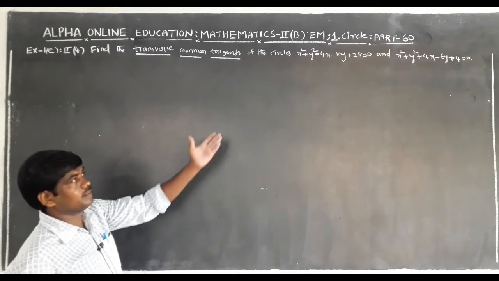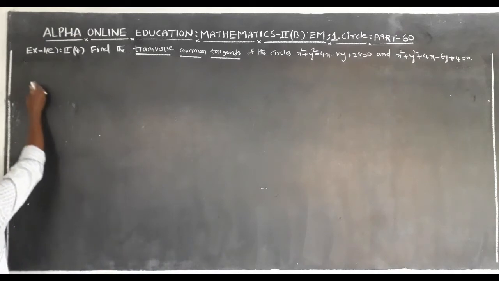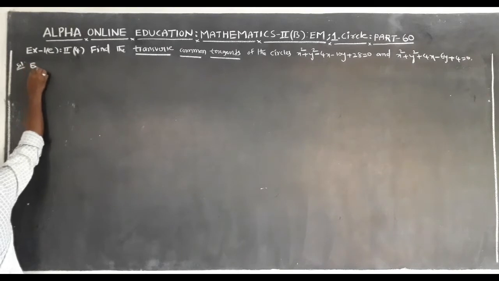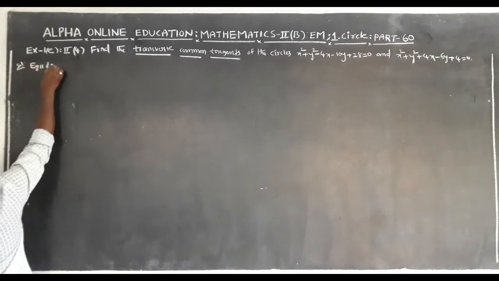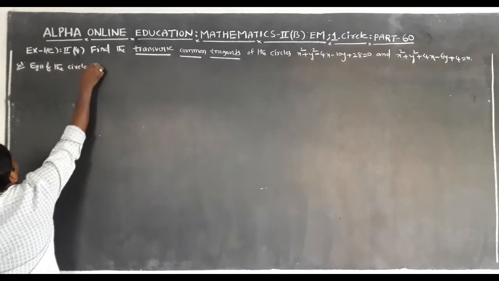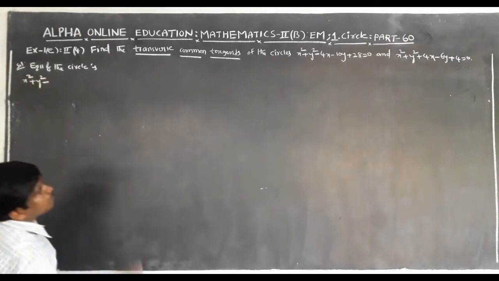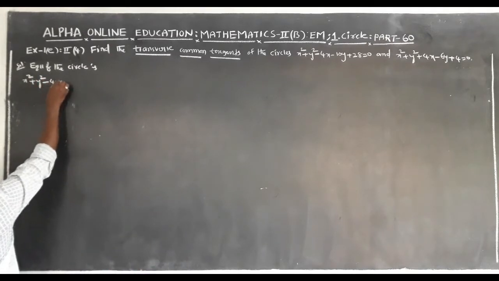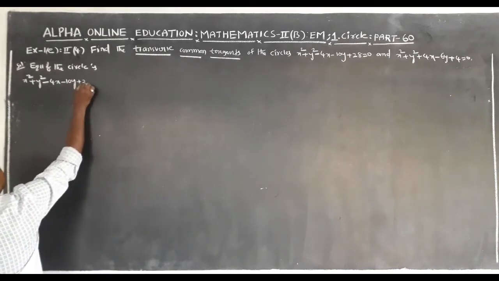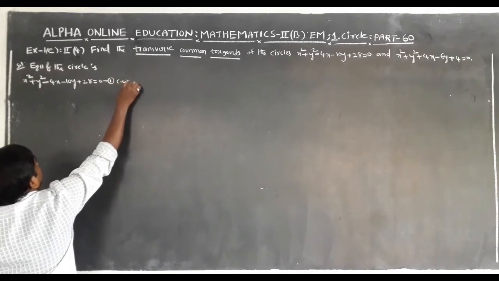So, first of all here we find the center and radii of the given circles. First circle, equation of the circle is x² + y² − 4x − 10y + 28 = 0.